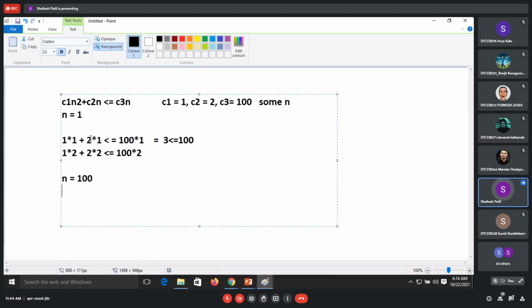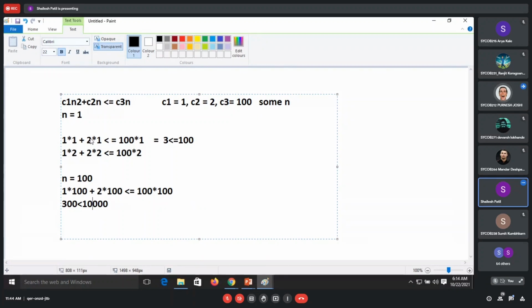Then 1 into 100 plus 2 into 100 is less than or equal to 100 into 100. The left side is 100 plus 300, and the right side is 10,000. True for all.